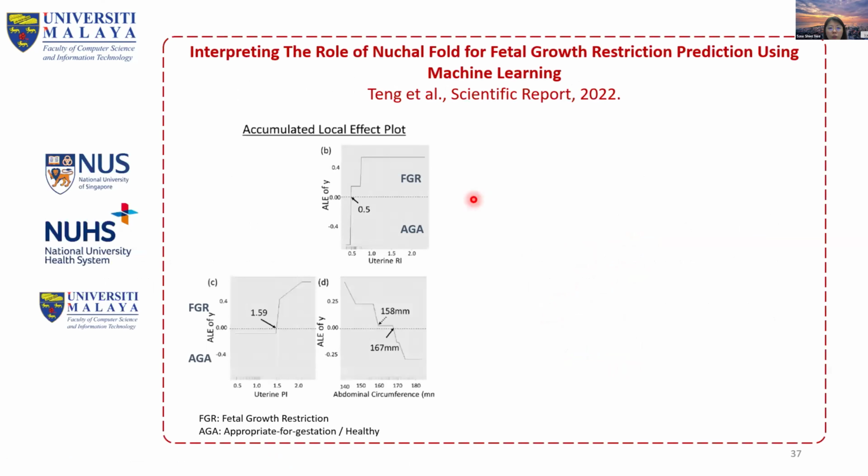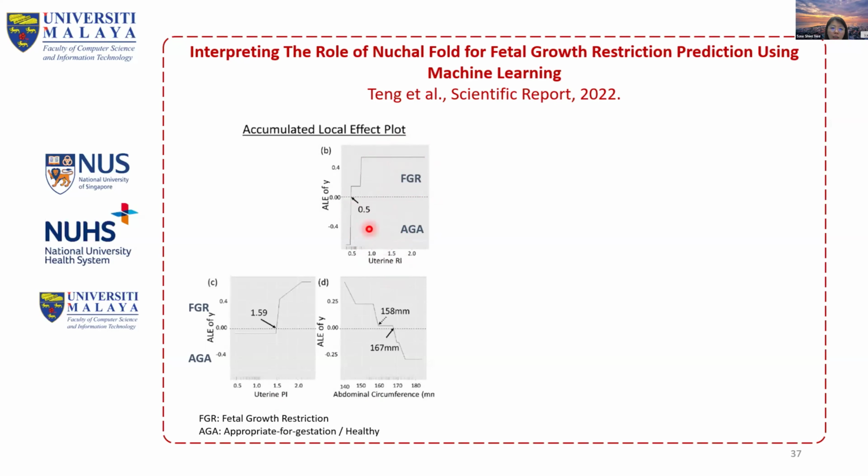As you can see here, we did an ALE plot for the different features: uterine RI, uterine PI, and also abdominal circumference. The way to understand this plot is that for uterine RI, if your RI is above 0.5, then the chance of being born as a small baby or with fetal growth restriction, FGR, is higher.